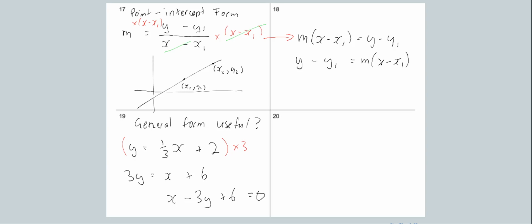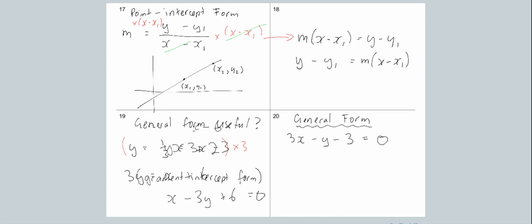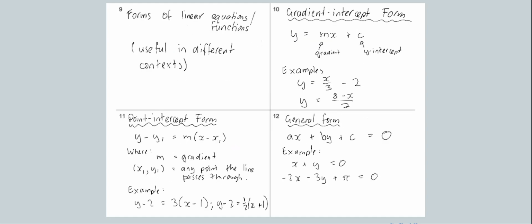It's called an equivalent equation, right? An equivalent equation. I'm a bit of a purist, and there's another reason why I like gradient intercept form, and that is because out of the three, really, in my opinion, gradient intercept form is the only one that writes the equation as a function, because a function should have the dependent variable on the left, and then how to calculate that dependent variable, i.e. the expression with the independent variable on the right.